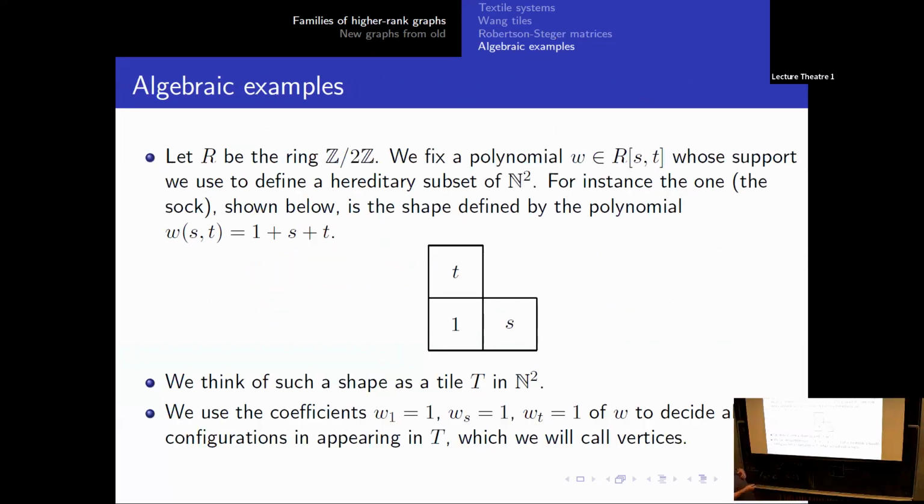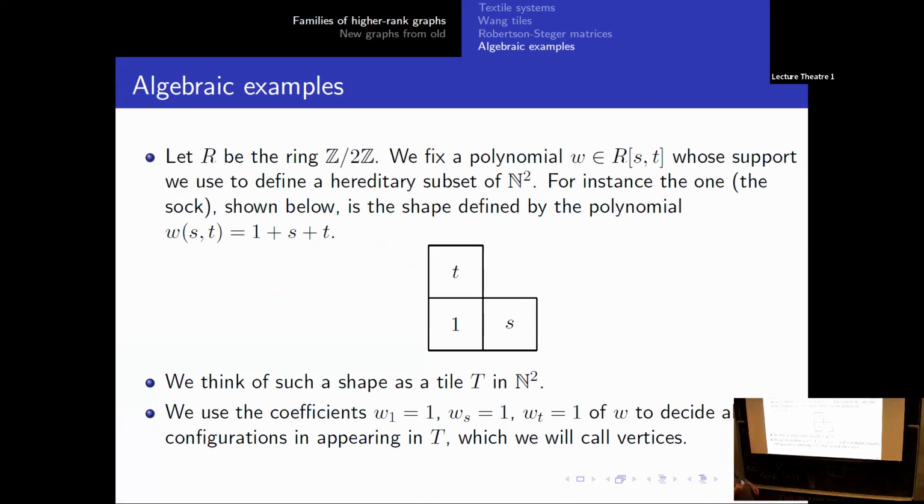So some algebraic examples. Again, this is just a bunch of examples which may appeal to some people because of their background.